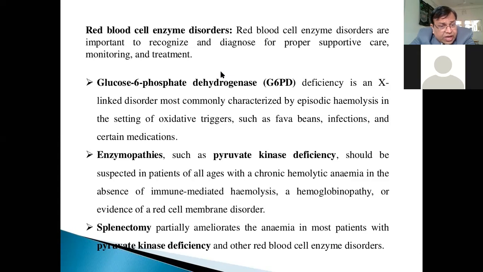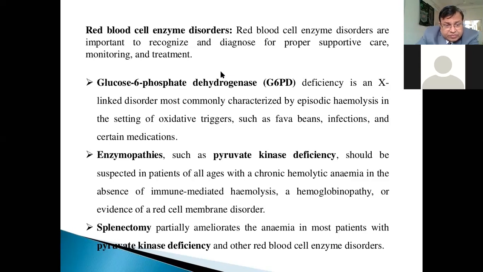Enzymopathies such as pyruvate kinase deficiency should be suspected in a patient of any age with chronic hemolytic anemia in the absence of immune-mediated hemolysis, hemoglobinopathy, or evidence of red cell membrane disorder. In this condition also, it affects your RBC count.